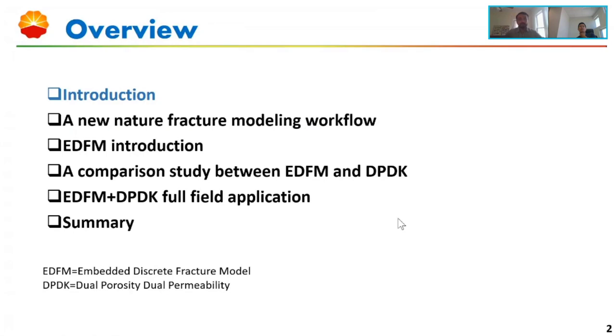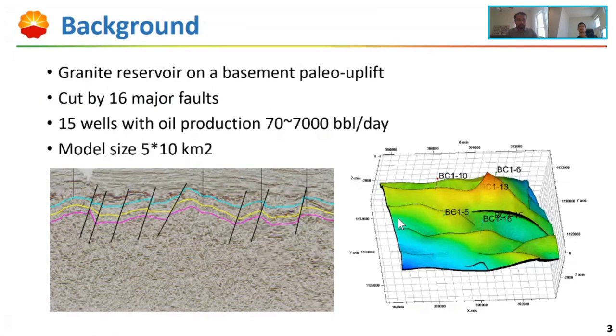So some information about the field. This is a granite reservoir on a basement paleo uplift, and it is cut by 16 major faults. As you can see on the right-hand side of the slide, we have depth property displayed on a 3D grid. We have the 3D view, and you can tell the location and orientation of the main faults.